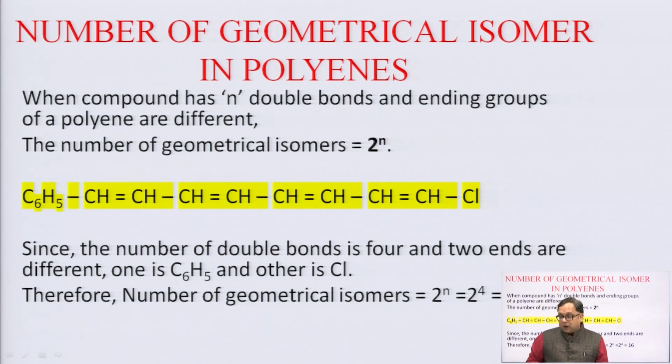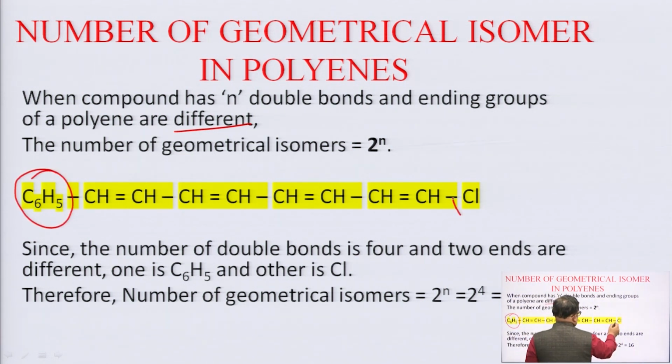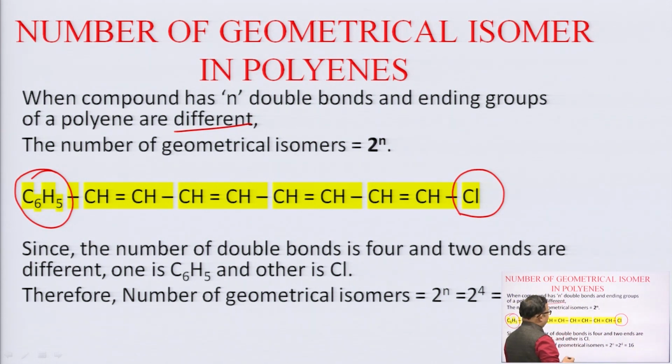Now, if there is a chain polyene, how do we find the number of geometrical isomers? There are 2 types of conditions. If the ending groups are different, say here this is phenyl, this is chloro, the number of geometrical isomers will be 2 to the power n.